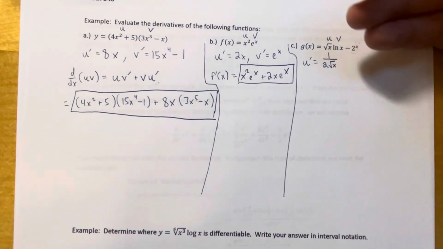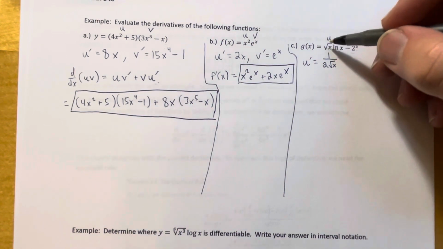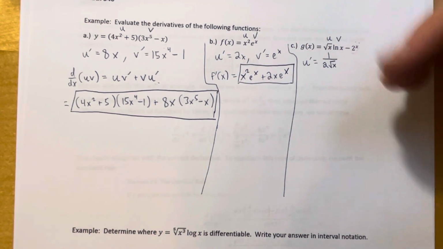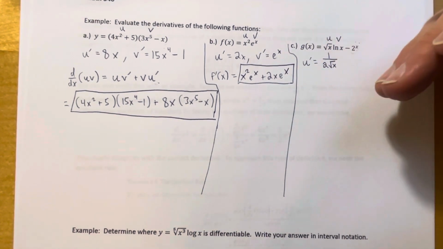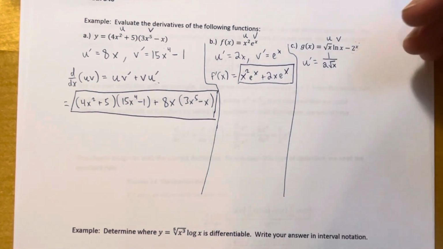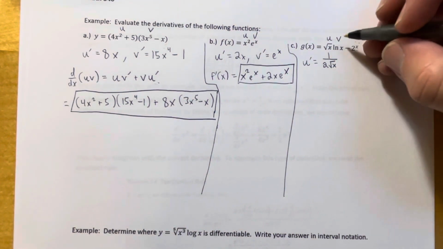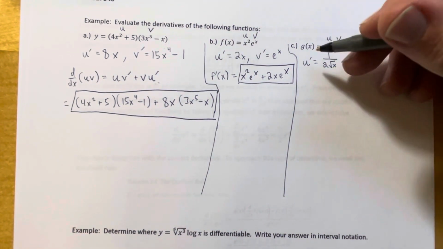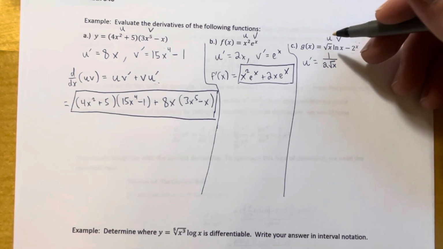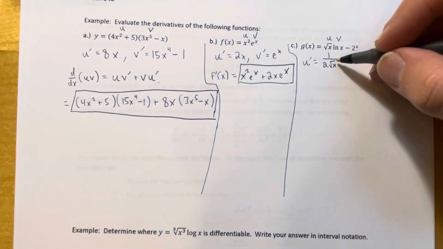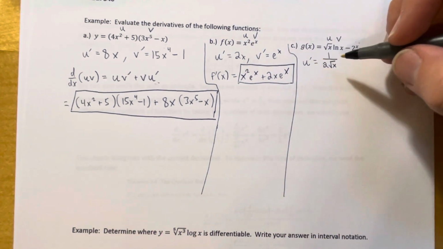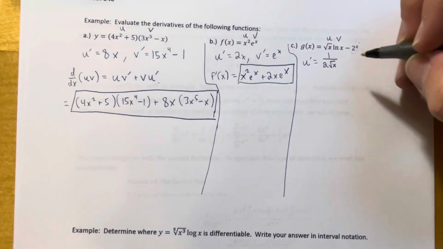And again, if you don't remember, the trick is to rewrite any radical function that you're taking a derivative of as x, or whatever the radicand is, to a rational exponent. So you can write the square root of x as x to the 1/2 power, and then use the power rule on that, and then convert back into radical form, which is what I did here. So u prime is equal to 1 over 2 root x.